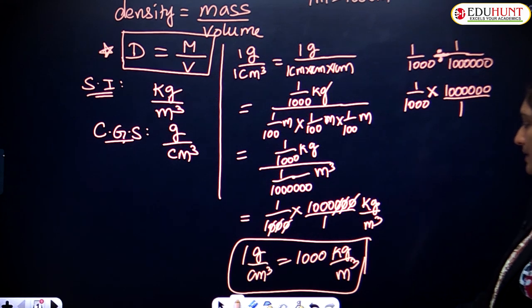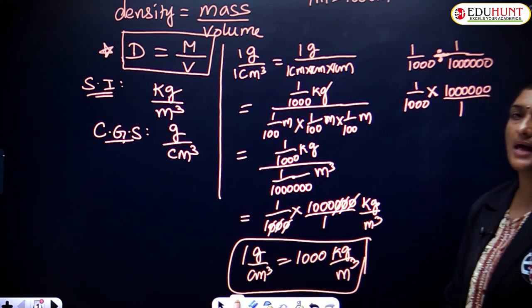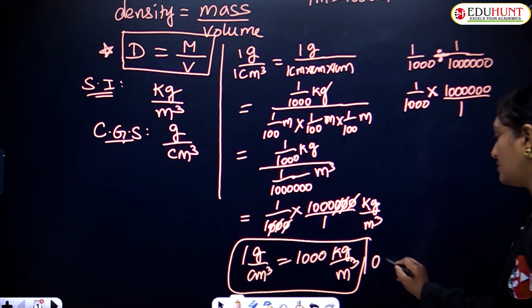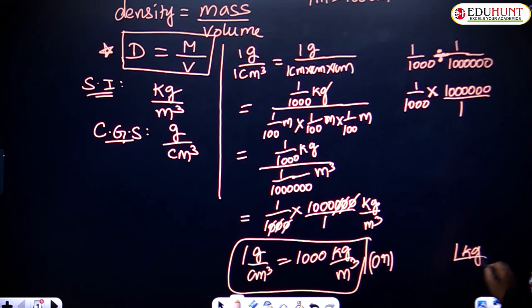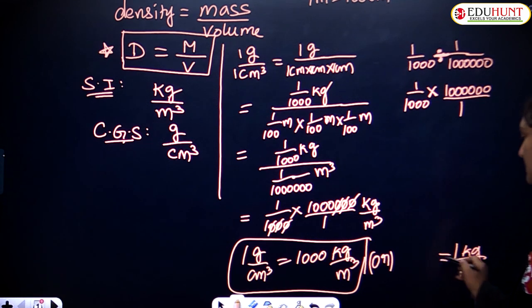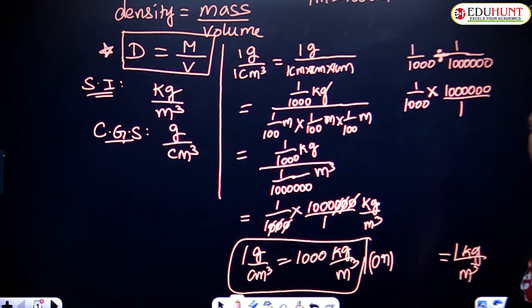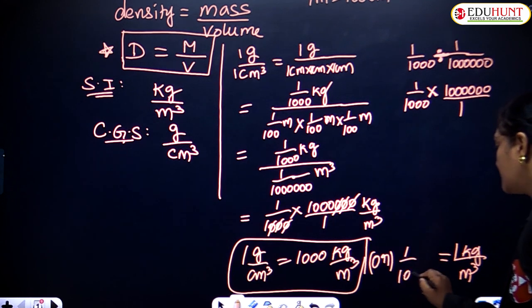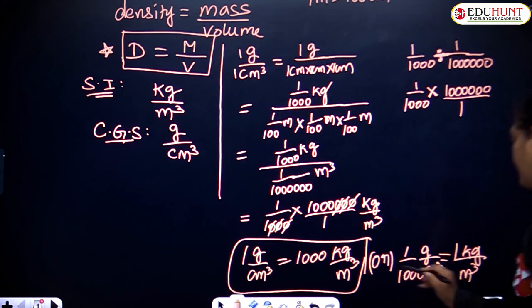In the later case, 1 kg per meter cube is equal to 1 by 1000 gram per centimeter cube. Similarly, bring the 1000 to the other side, and it becomes the reciprocal, so 1 by 1000 gram per centimeter cube.